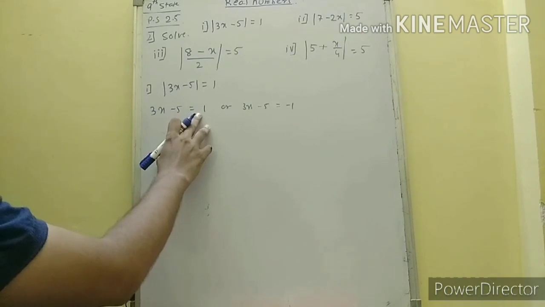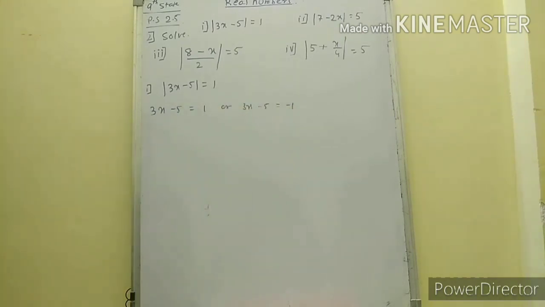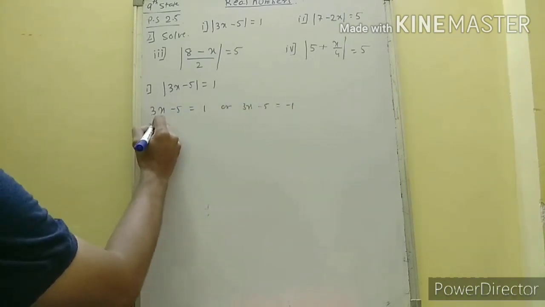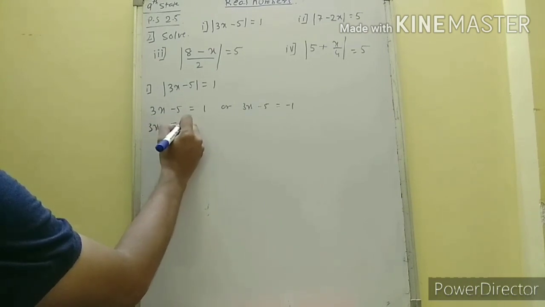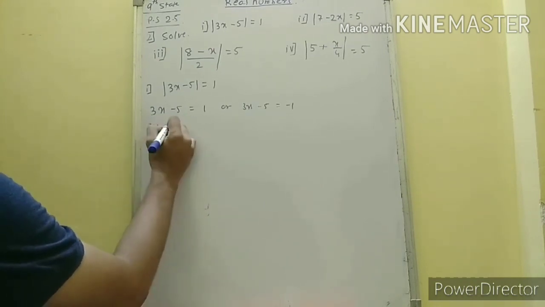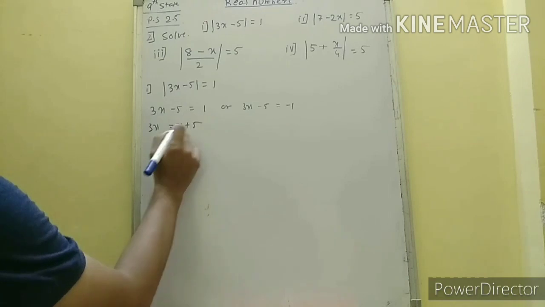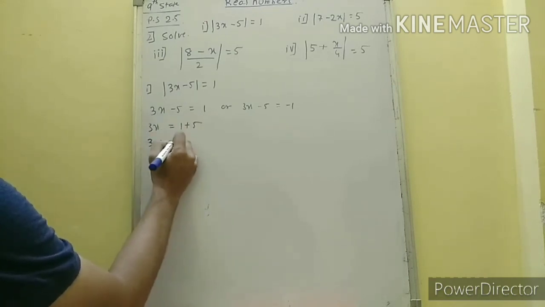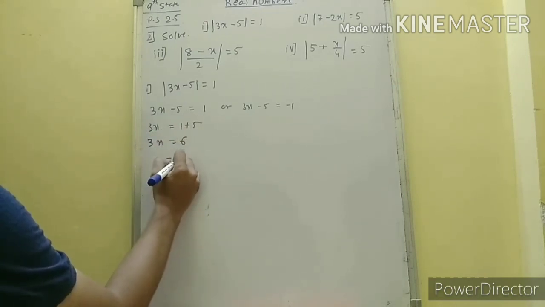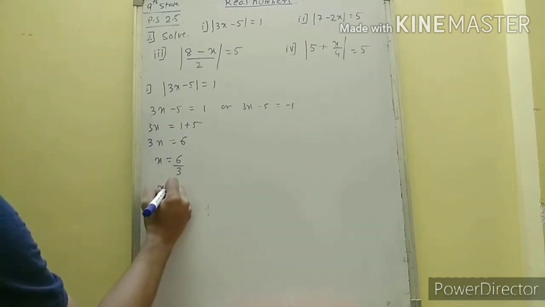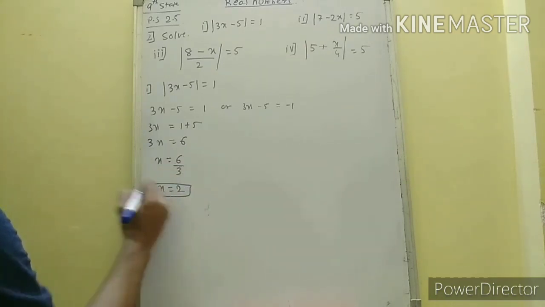One time I will take plus and one time I will take minus. So 3x minus 5 will go there and become 3x is equal to 1 plus 5. 3x is equal to 6. Value of x is equal to 6 divided by 3. Value of x is 2.